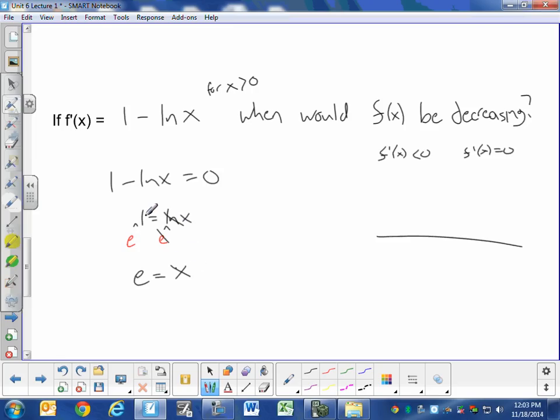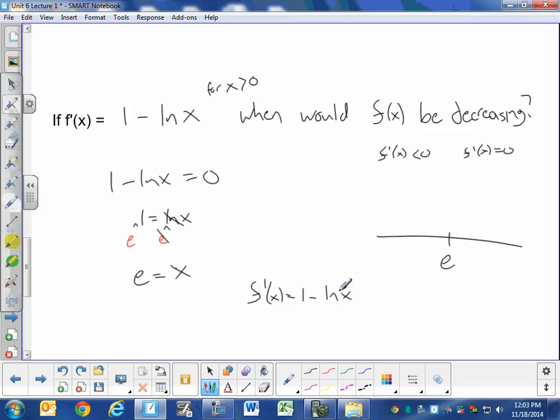Over here I have e to the first power. So e would be the only time when that derivative is 0. Now I need to figure out the signs around e, and this is where it gets a little tough. So let's think about our derivative, 1 minus log x.